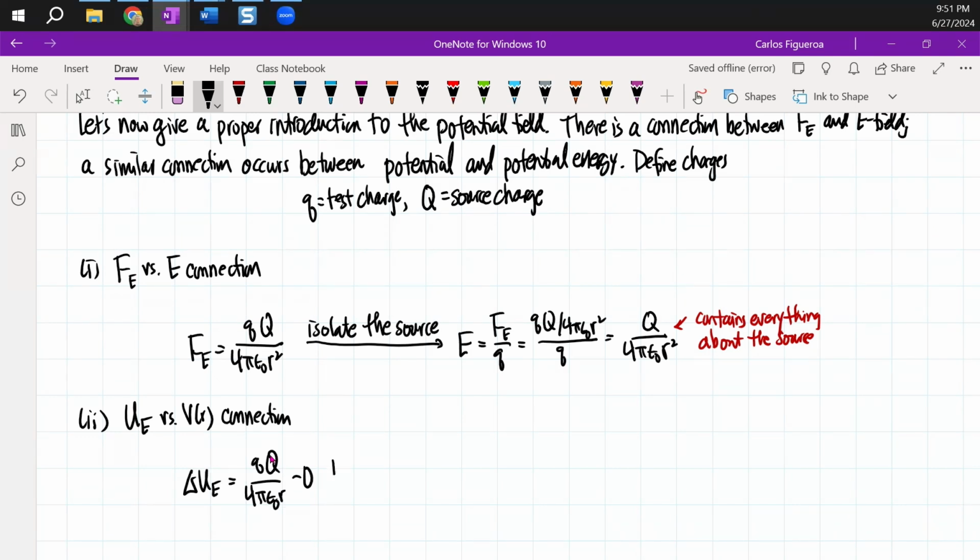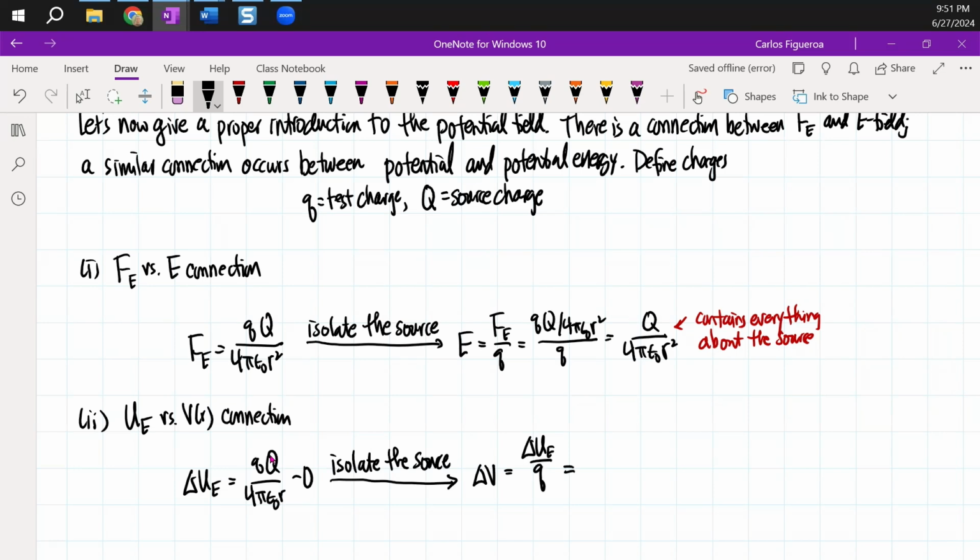So now, in a very analogous way, we isolate the source details. And when I do that, we then say that the change in voltage here, or the change in potential, is then the change in the potential energy divided by little q. So it's the energy or the work done per unit charge, as they say.